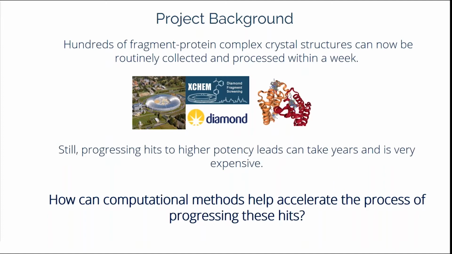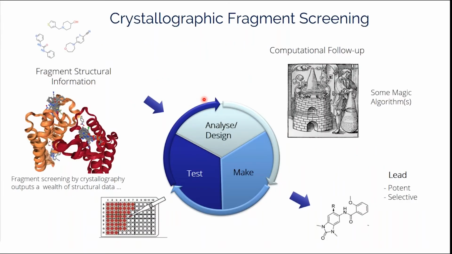However, now there are facilities such as XChem at Diamond Light Source, which have made the process much more routine, and they can process hundreds of fragment protein crystal structures routinely within a week. But progressing these hits to higher potency leads can take years and is very time and resource expensive. So the question is, how can computational methods help to accelerate the process of progressing these hits?